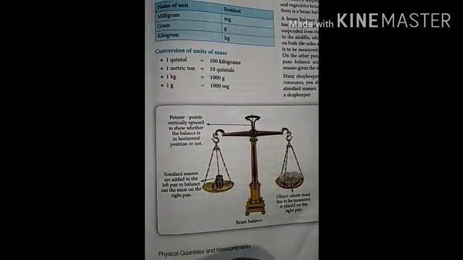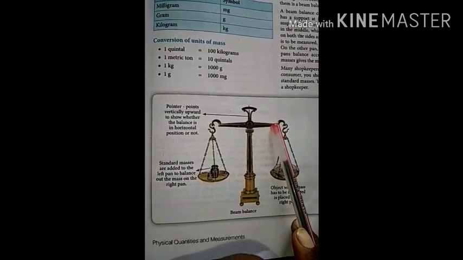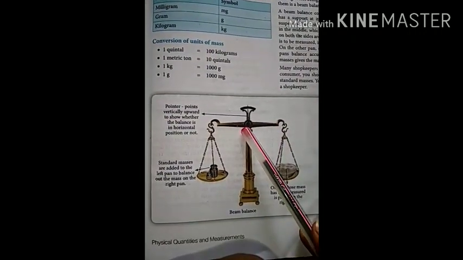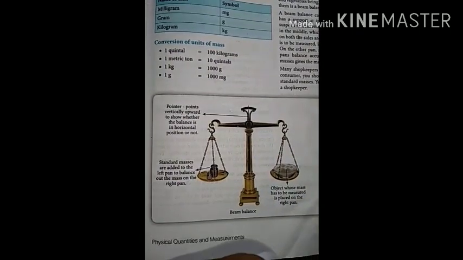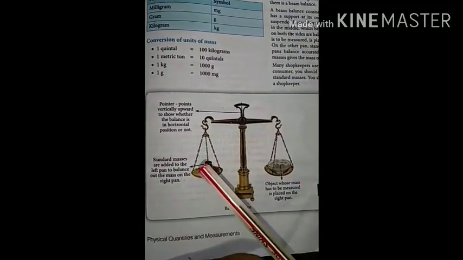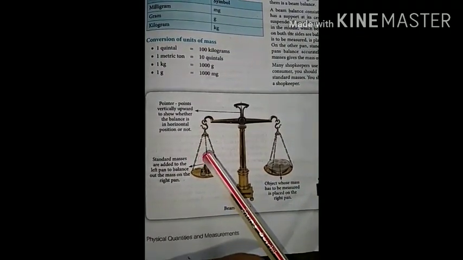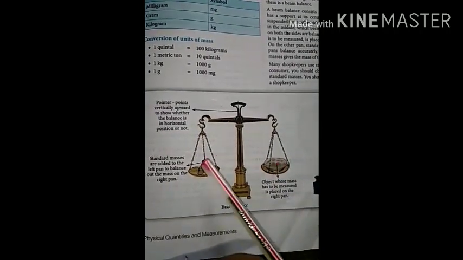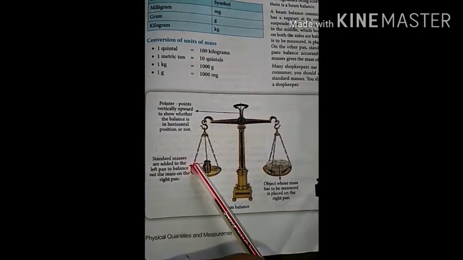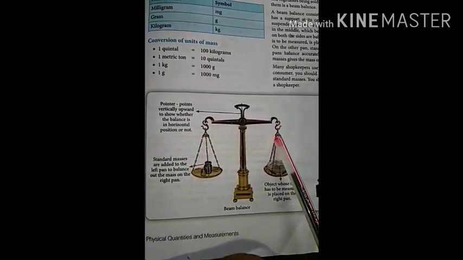A beam balance consists of a horizontal beam that is supported at its center. Two identical pans are suspended from either side of the beam.